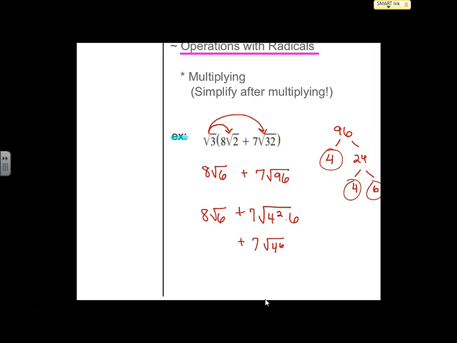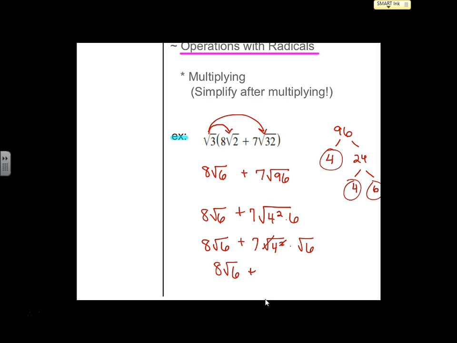I could, but see, Tyler, I saw that 4 times 4 was a perfect square. I saw that it was a pair, and I'm like, oh, sweet, I'll capitalize on that. Because can't I simplify it? Square root of 16 or square root of 4 squared? What does that become? Just 4, right? Square root of 16 is 4. Square root of 4 squared is just 4. So I have 8 root 6.